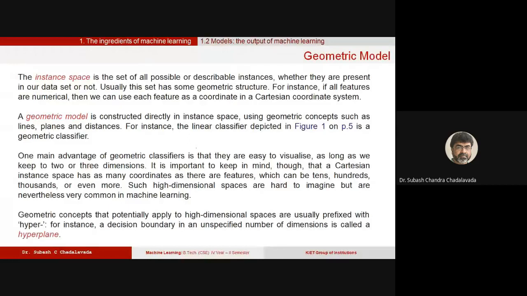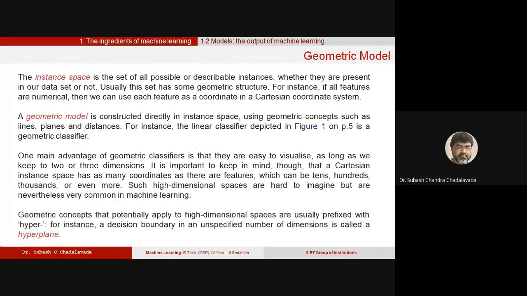Now, geometric models are always constructed directly in an instance space using geometric concepts, which we'll see. For instance, see basic linear classifier as an example. A linear classifier is a geometric classifier because you use lines as your geometric concept. A line is a geometric concept.